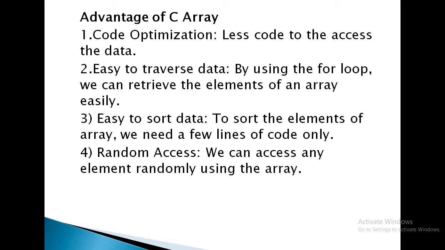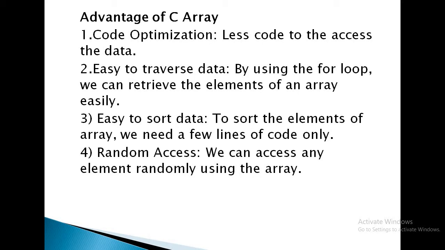And advantages of arrays: code optimization, easy to traverse data, easy to sort data, and random access. Code optimization means less code to access the data. Easy to traverse data by using the for loop, so we can retrieve the elements of an array easily.